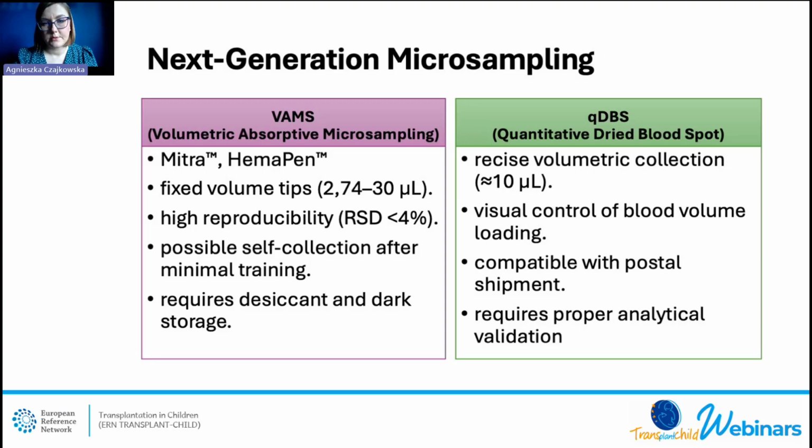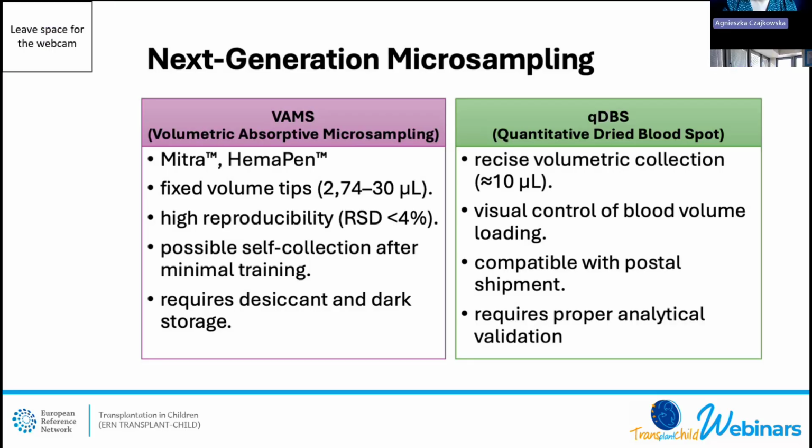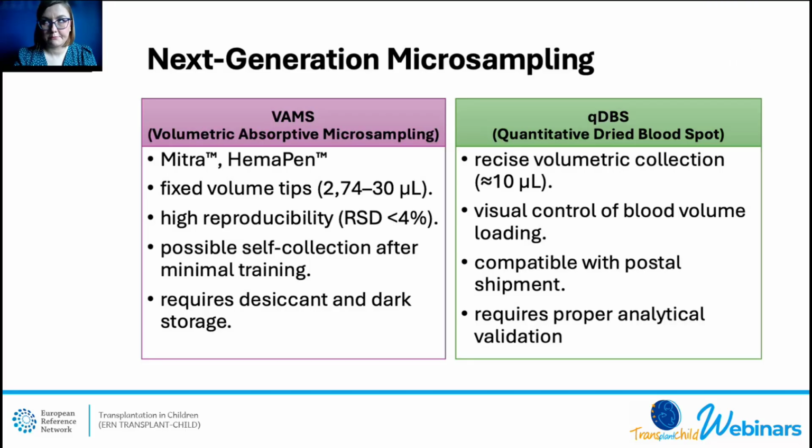It also allows us to collect a limited amount of blood. But from our experience, this method is more difficult for patients, and getting a big enough drop of blood was more problematic than with the previous equipment.